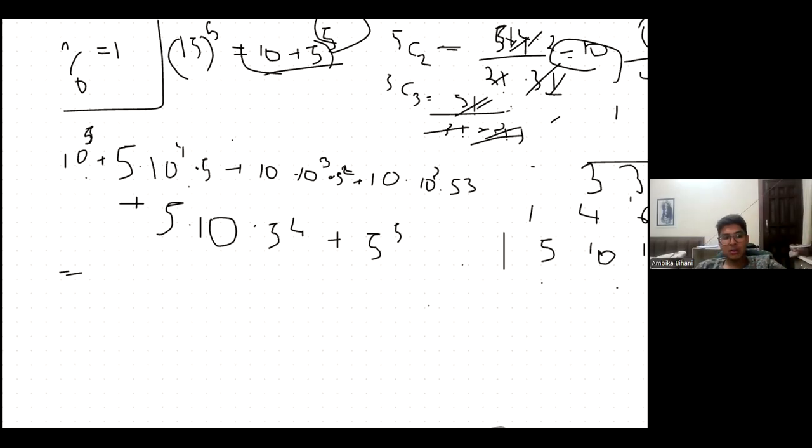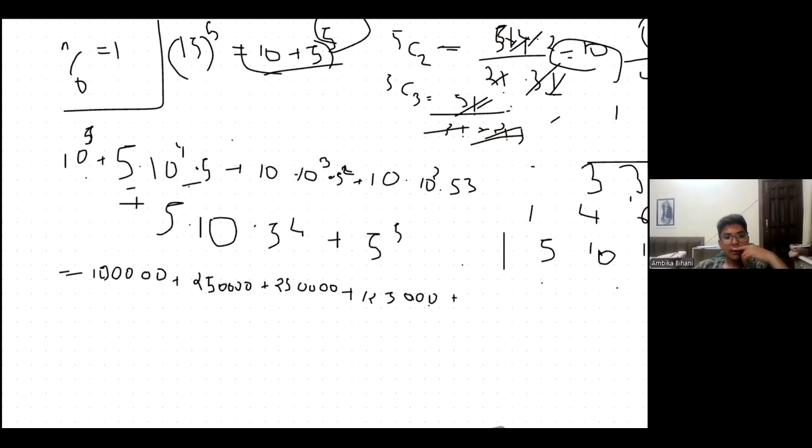So I'll write this: 10 to the power of 5 is just 1 and 5 zeros, 10 into 10 into 10 into 10 into 10, plus 5 times 5 is 25, so you write 25 and 10 to the power 4, that means you add 4 zeros, plus 10 cube times 25, and again you put 4 zeros, plus now it's 5 cube, so it is 125 and 3 zeros.